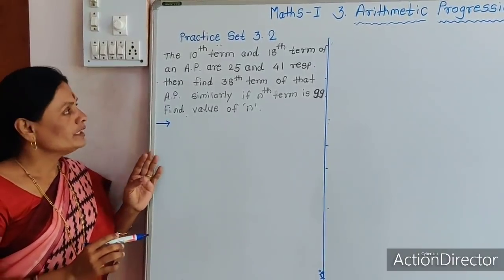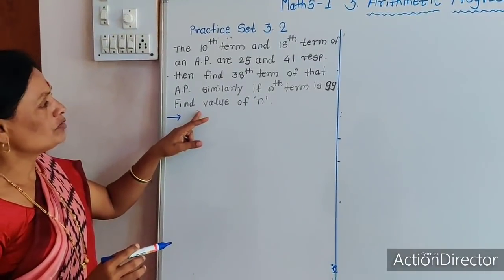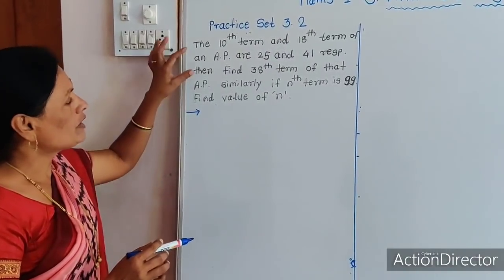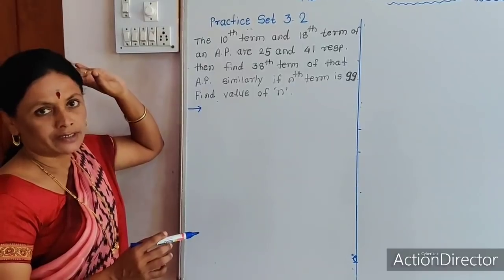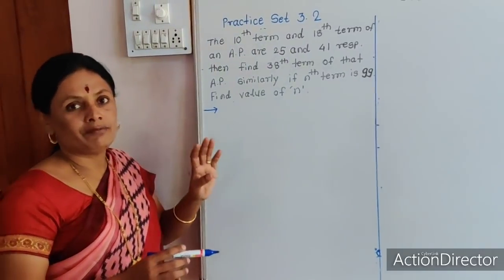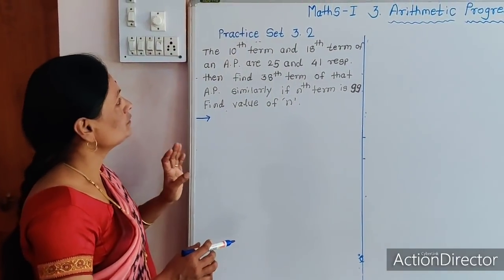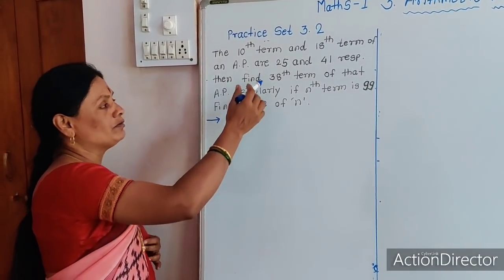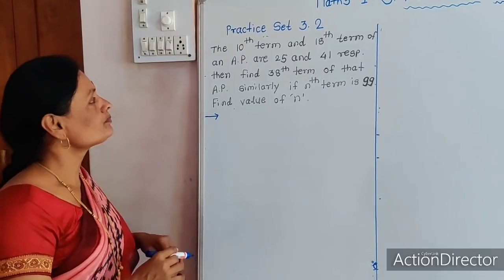Here, in this example, three questions are given. We have not been given any AP. We don't know the value of A and the value of D. First we find the values of A and D. Then we calculate all these things.